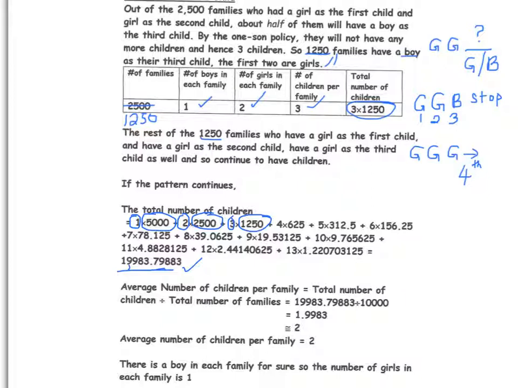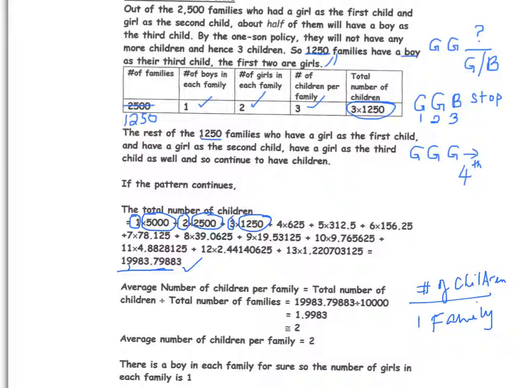So the total number of children divided by the total number of families gives us the average number of children per family.